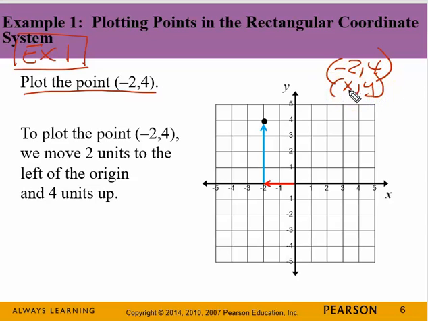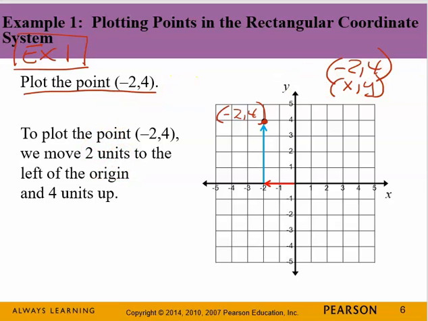Plot the x value first. So you start at the origin, you go over 2, and you can do this on your graph that you already have, and then up 4 and put a dot there. Now you could label that point 2 at this stage.